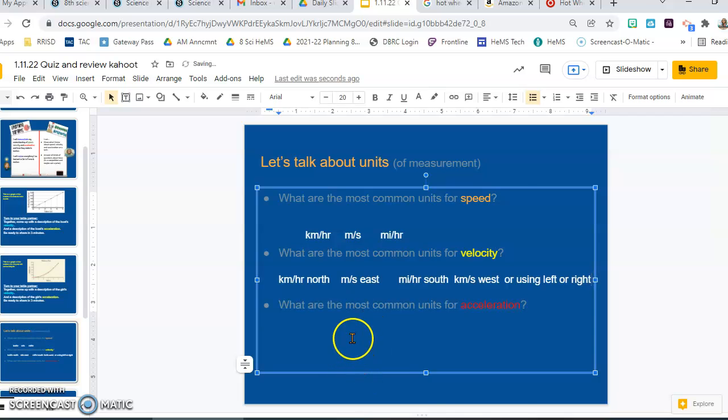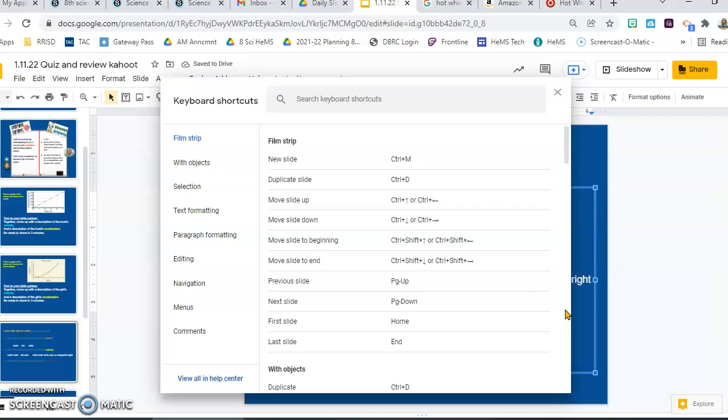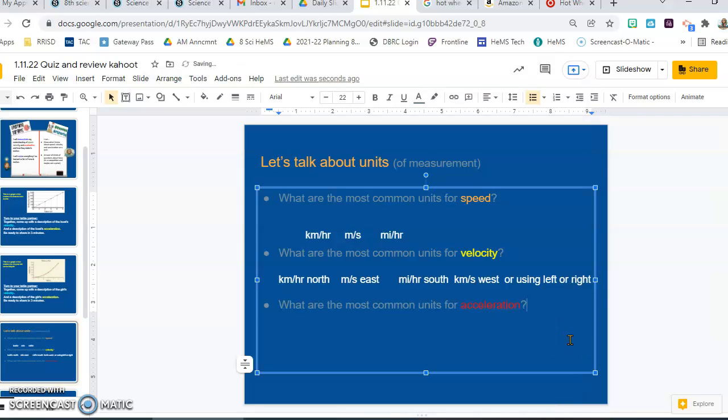So we could say, or using left or right. And what is the most common unit for acceleration? Cut that, Control X, got it in the wrong spot. We're going to put that down here. I'm going to paste those, but usually we say that this is, and there's a 2, and I'm going to change that so you can see what that looks like.